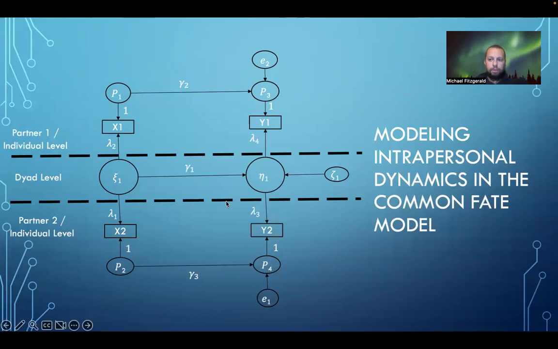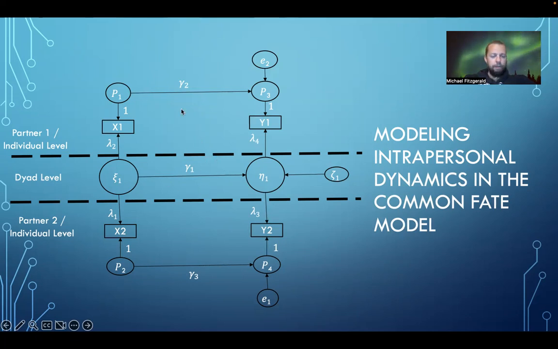And so one of the cool things about modeling residuals in this way is it will not impact our regression coefficients at the dyadic level. Because once those are estimated, that's where we get our residuals, and then we are transforming those residuals into meaningful pieces of information.